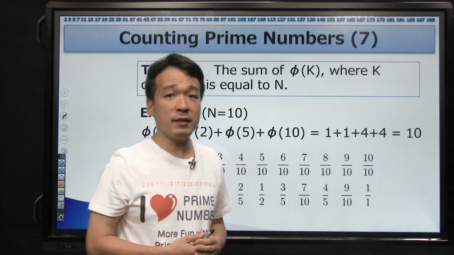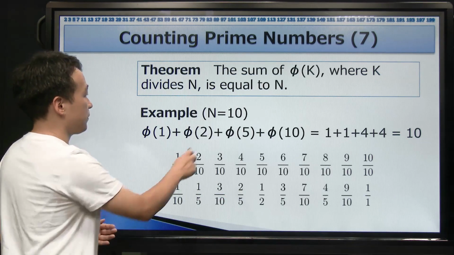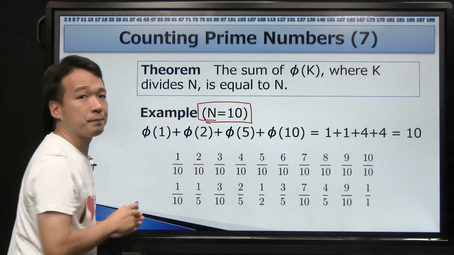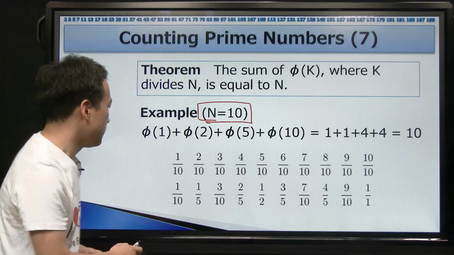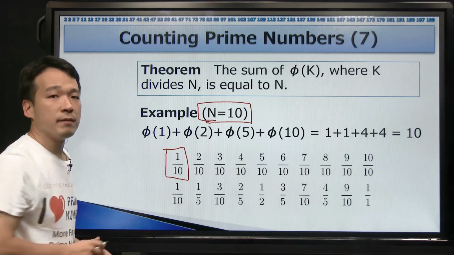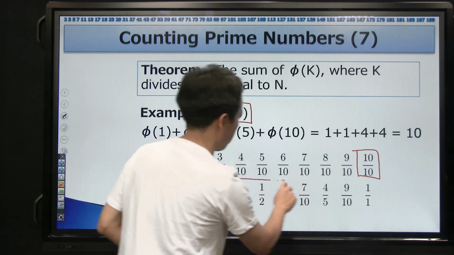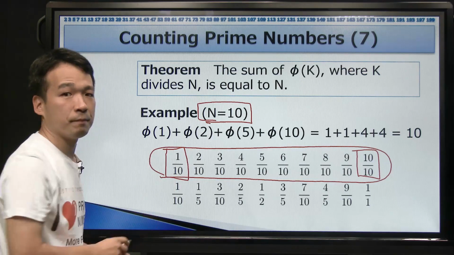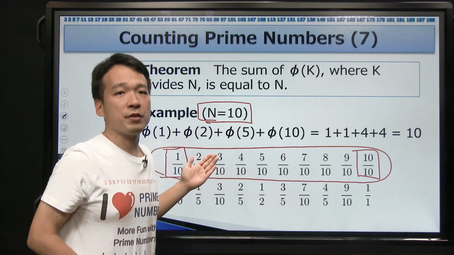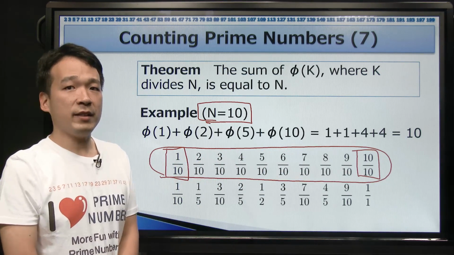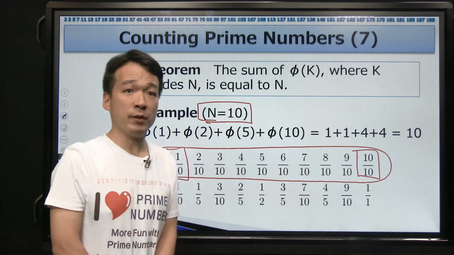Let me explain why this equality holds true. Consider the case n is 10. Consider 10 fractions from 1/10 to 10/10. Of course, some of these fractions can be simplified by dividing the numerators and the denominators by the greatest common divisors.